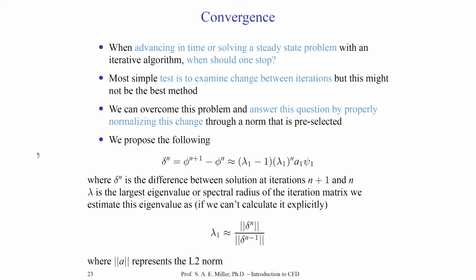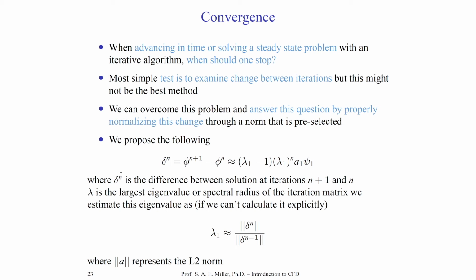You can overcome some of these problems by answering this question a little differently, by normalizing the change in residual through a pre-selected amount. For example, let's propose the following. We'll say delta^n = phi^(n+1) - phi^n, which goes as something like lambda_1^n times a_1 phi_1. Here, we define delta^n as the difference between the solution at iteration n+1 and n, and lambda is the largest eigenvalue, or spectral radius, of the iterative matrix if we're doing a linear problem.